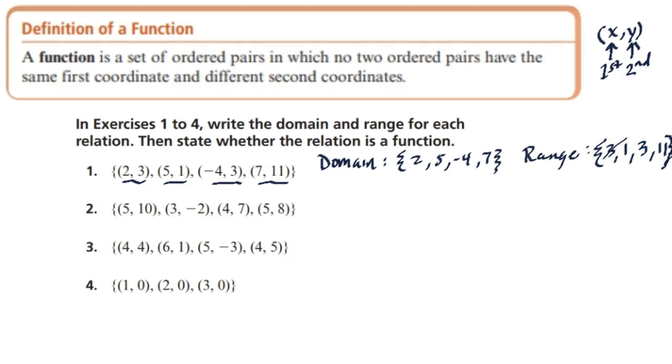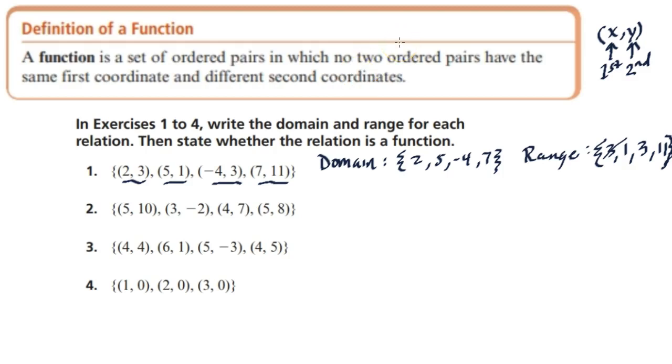But this then goes into what a function is. A function is defined up here. So we need to now determine if the relationship defined in question 1 is a function. A function is a set of ordered pairs in which no 2 ordered pairs have the same first coordinate and different second coordinates.